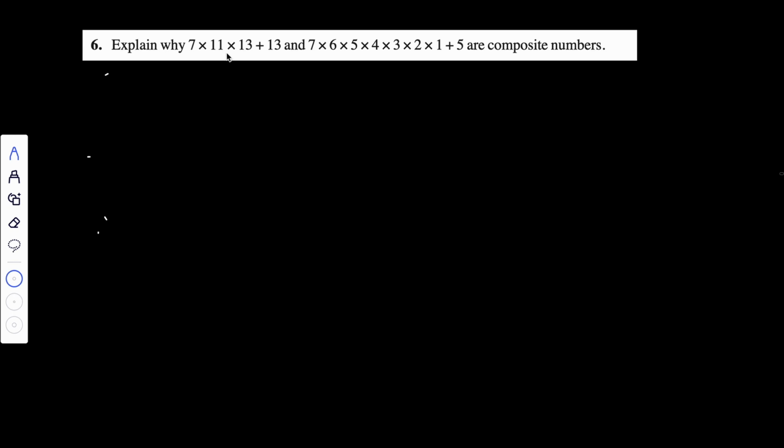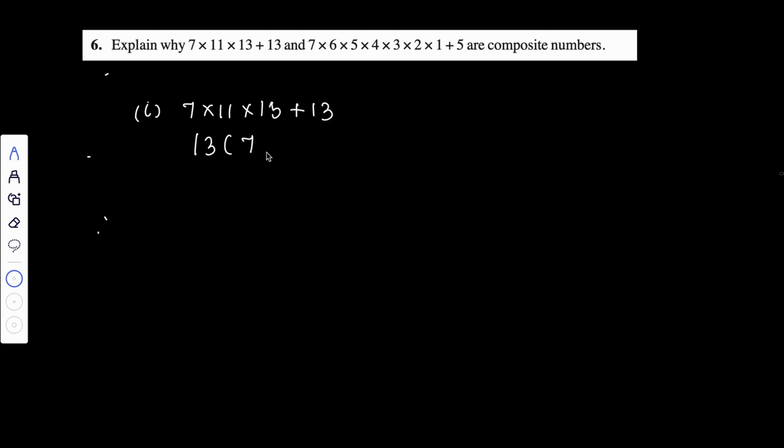Next we are going to the next question. Explain why 7 into 11 into 13 plus 13, and 7 into 6 into 5 into 4 into 3 into 2 into 1 plus 5 are composite numbers. The first one is 7 into 11 into 13 plus 13. We can take 13 common outside.